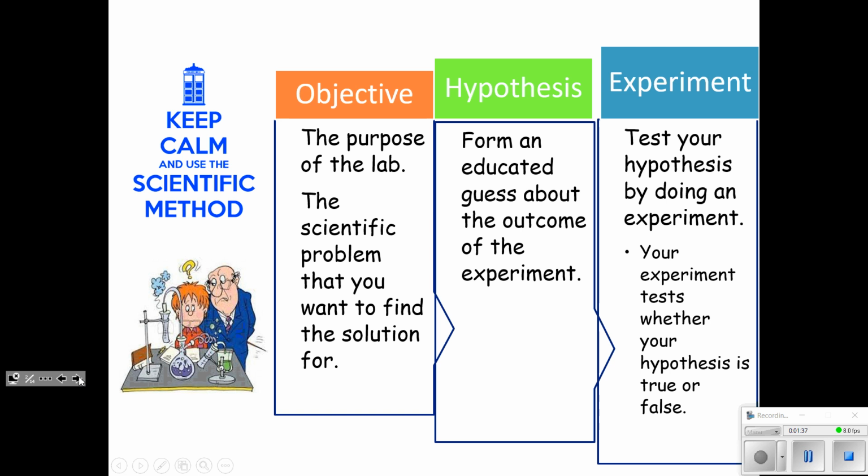So your background information is the content of the class. Your hypothesis is an educated guess based on the learning of all of that content, based on that background information. And your experiment is where you test your hypothesis to see if you are right or wrong. Prove yourself true or false.